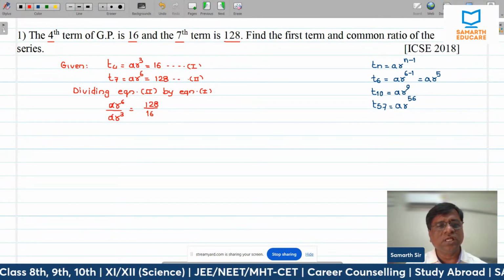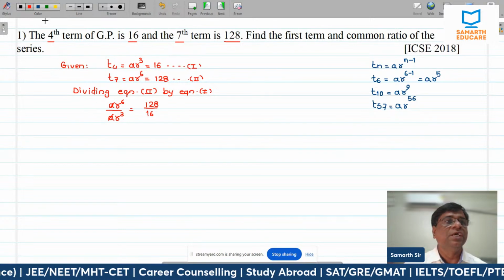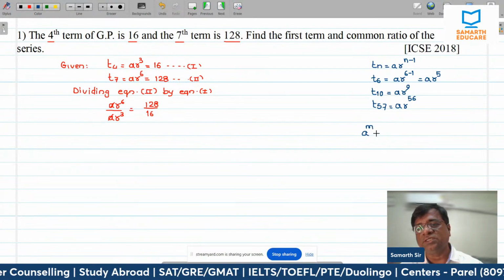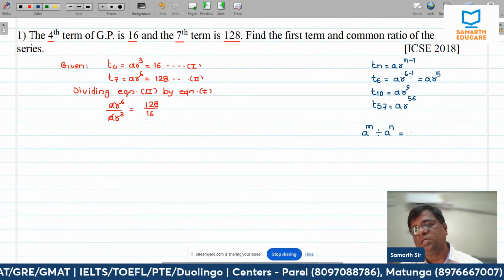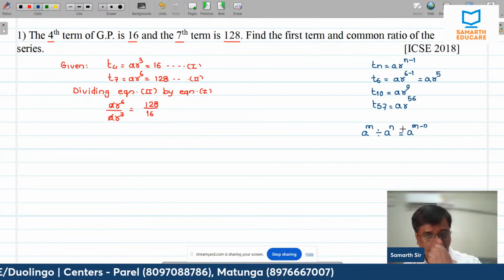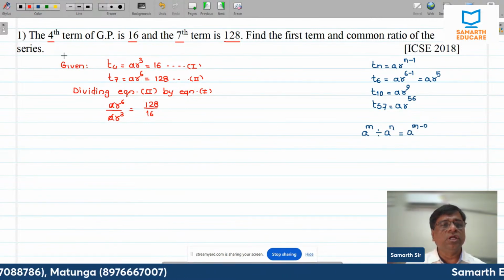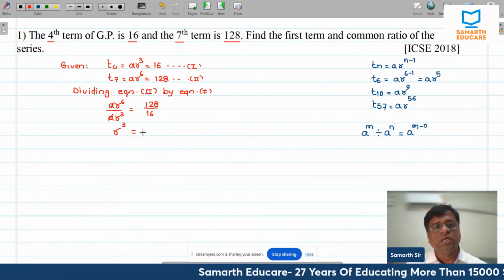Now you observe this, a and a get cancelled. r raised to 6 divided by r raised to 3. If you can do it directly, fine. Otherwise you have to remember the law of indices: a raised to m divided by a raised to n is a raised to m minus n. So here it will be r raised to 6 divided by r raised to 3, which is r raised to 6 minus 3, which is 3.